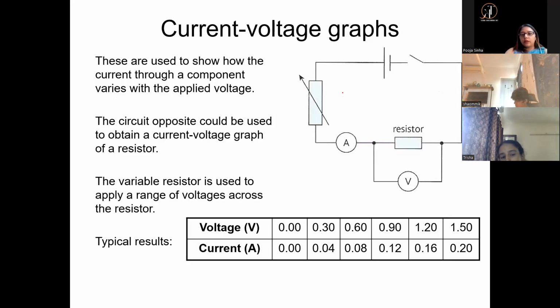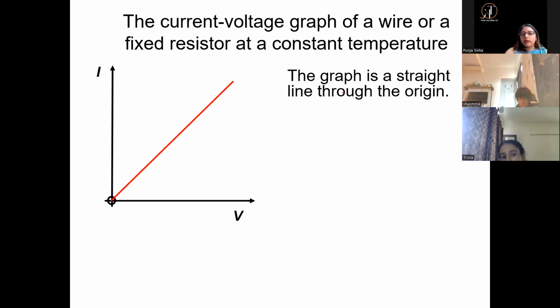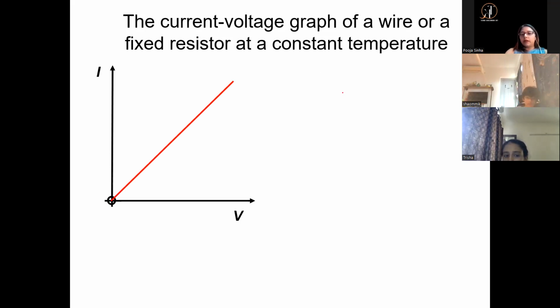The graph now. As I said, what do you think will happen here? See, the dependent variable is kept where? The dependent variable is on the y-axis. What is the dependent variable? It's always the current. What is the independent variable? It is the voltage. क्यों independent है ये?